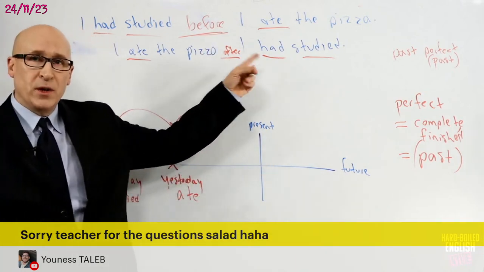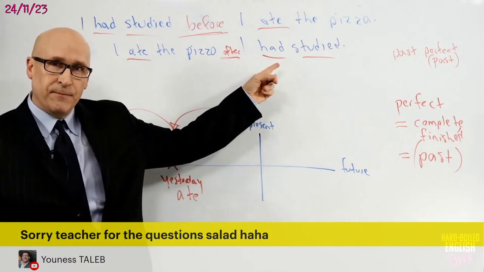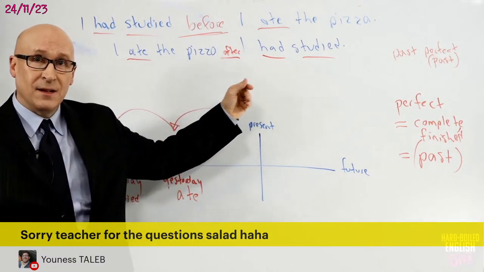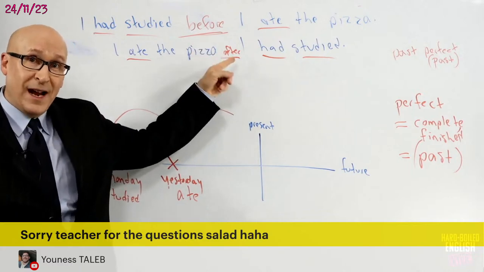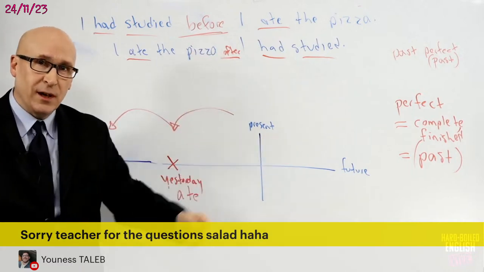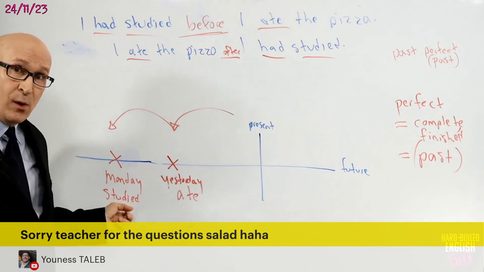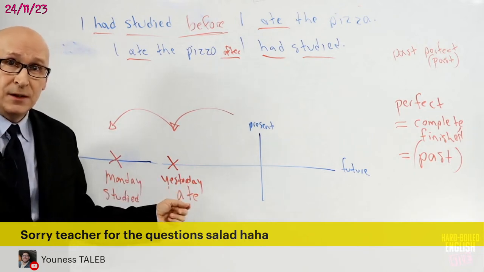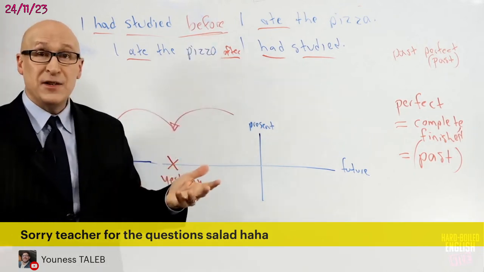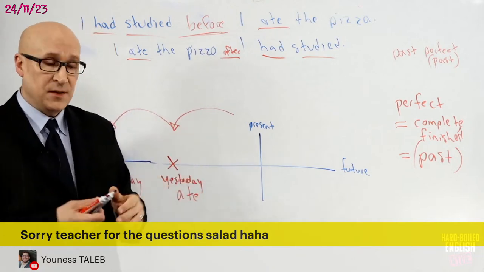So we don't need past perfect anymore. We can switch to simple past because before and after make the sequence clear. Clearly this is before and clearly this is after. So these two words have a kind of magic power when you have two actions.